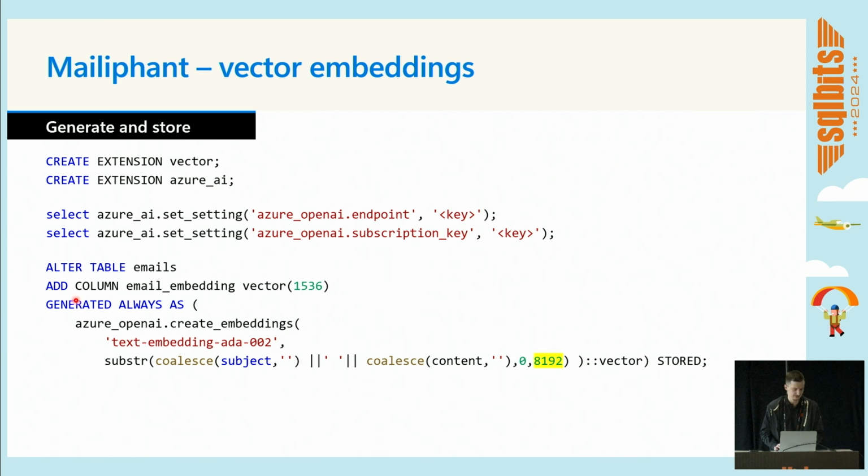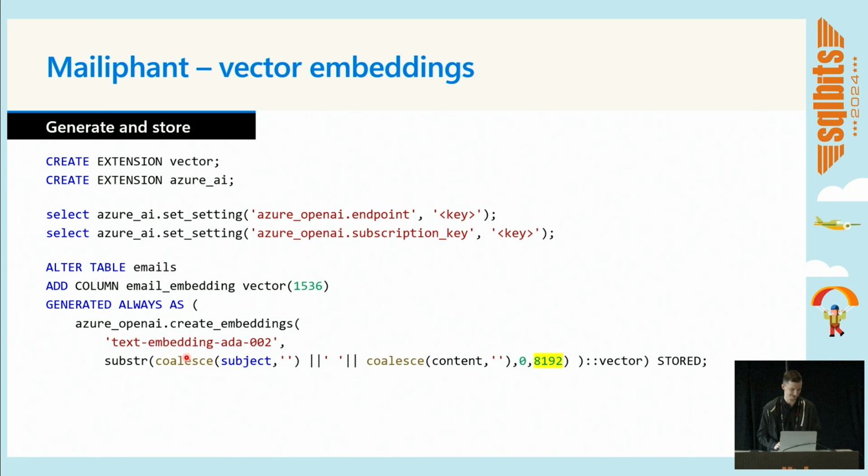So we can see that we are adding a column, email embedding, with the vector of the size 1536, which is the exact size of the embedding dimensions that OpenAI returns. Generated always as a call to OpenAI create embeddings using the text-embedding-ada-002 model. And this here is a substring limiting the concatenated data to roughly 8K characters, because that's the limit that this specific deployment takes.